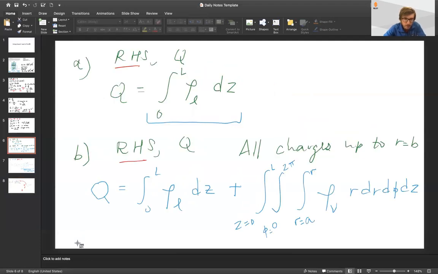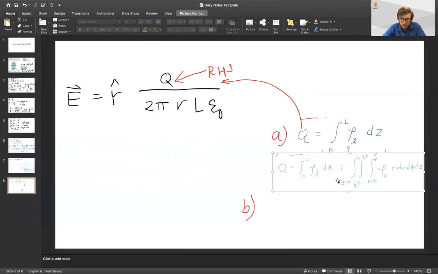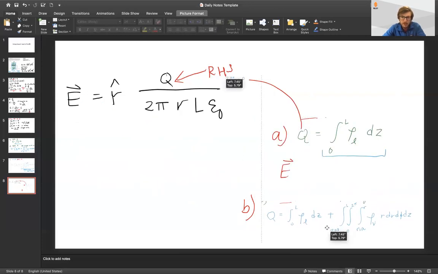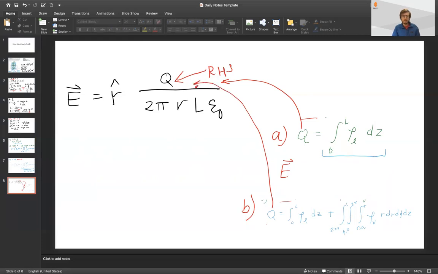We added up all of the charges inside that region by doing two different integrals: a line integral for the charges along the line, and a volume integral for the charges in that dark shaded volume. We get another expression for Q, and we can put that in here and find the electric field for the region when r is greater than a, but still less than b.